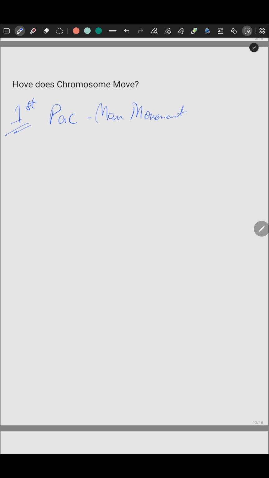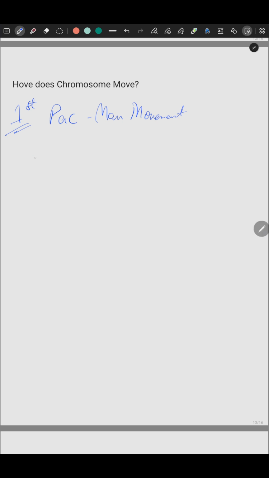Now, how does the chromosome move? First we can talk about is the Pac-Man movement. So we know that the chromosome moves when the kinetochore is attached to it with the help of the microtubules. Okay, they pull it towards their each end, and then the chromosome moves.